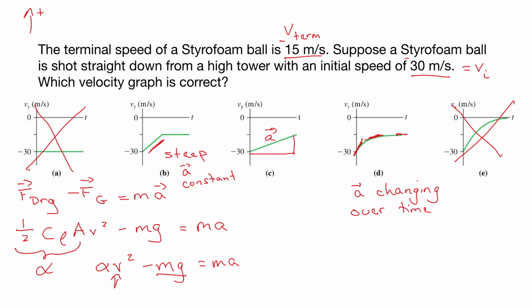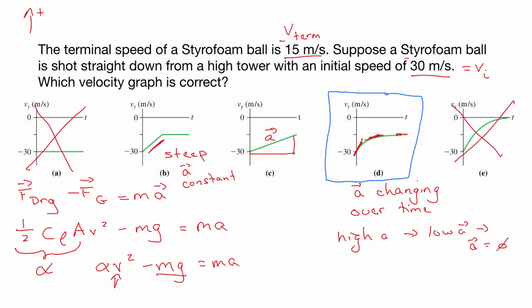Starting out with a high acceleration, and then moving to a low acceleration, and eventually a zero acceleration as it reaches that terminal velocity. So, based on this, the answer to the question is D. That not only is the speed going to be changing, but the acceleration is going to be changing until the object reaches terminal speed.